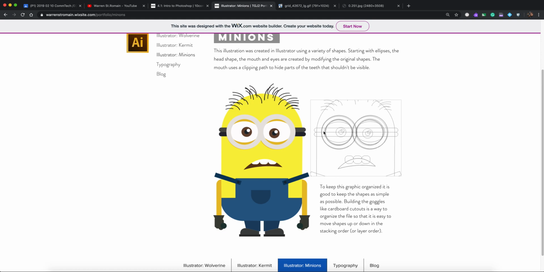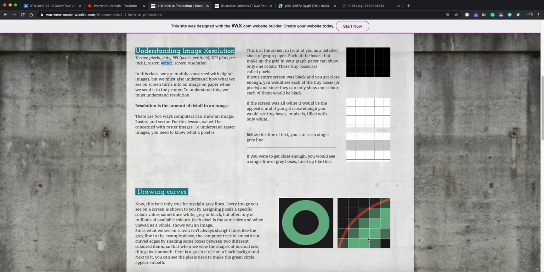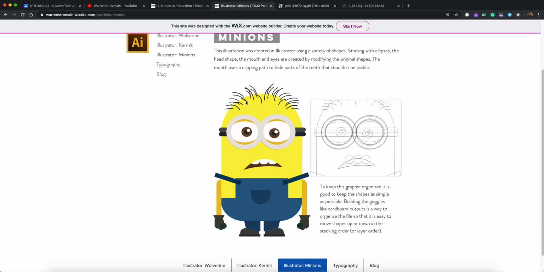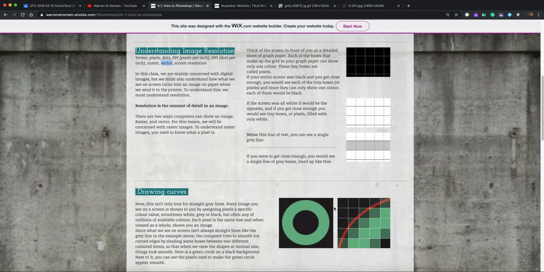Anytime you zoom in on a vector image, that math just gets recalculated, the lines get redrawn. That's not the way a photo works on a screen. This works in Illustrator because Illustrator will just redraw all the math, but that won't work with a photo. Now I don't have a photo here, but you get the idea.